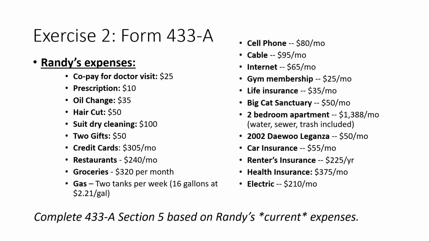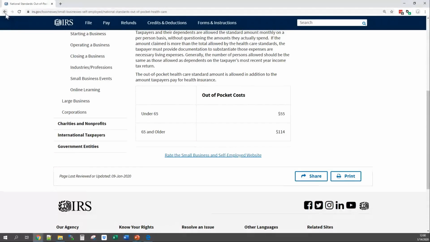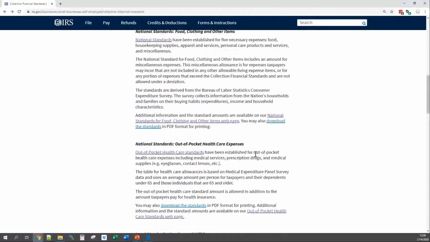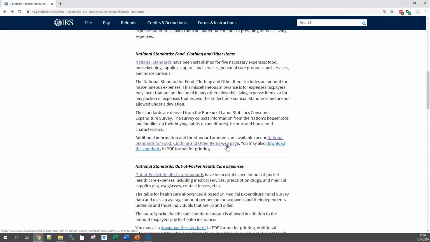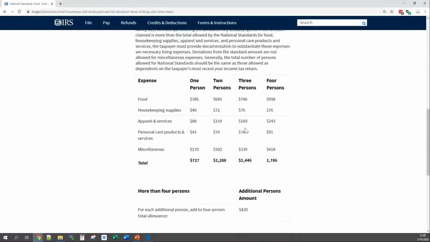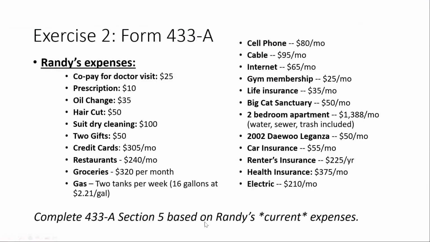Okay, we add those up, and we're going to get a number. But we have a conversation. It doesn't really matter what our number is, because the number that we actually add up, I think, adds up to like $750 or $800 if you actually go through it. But let's see, two persons, lump sum national standard is $1,288.